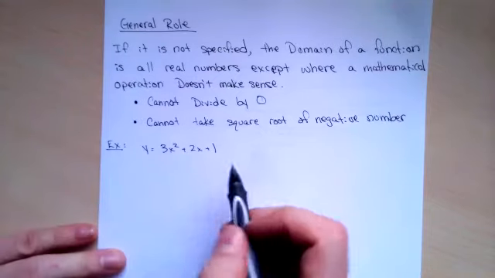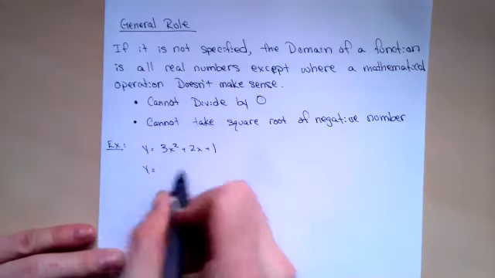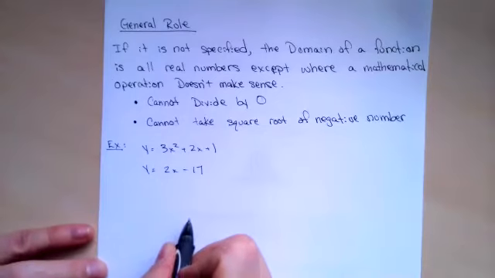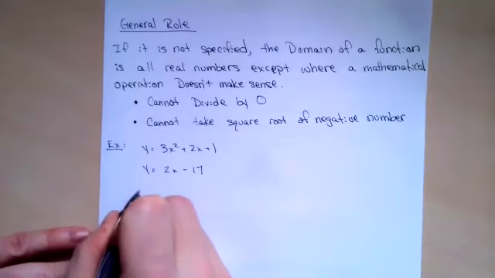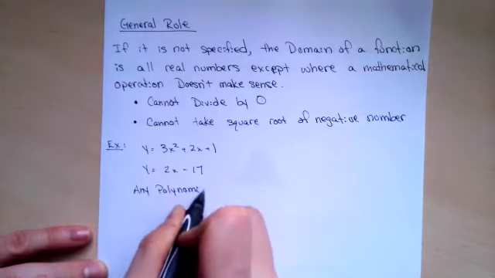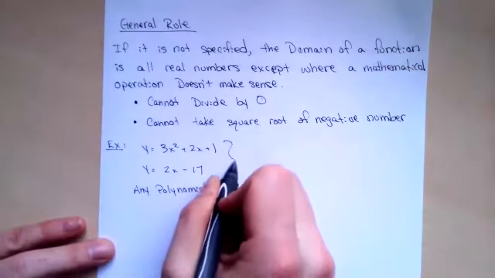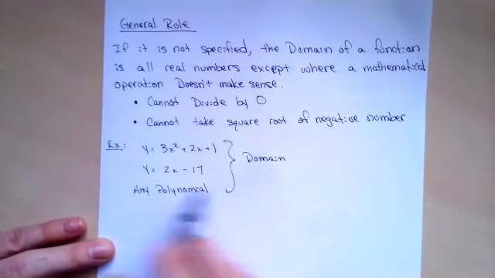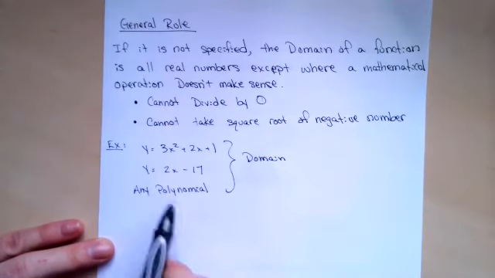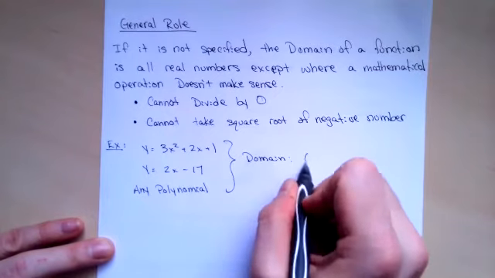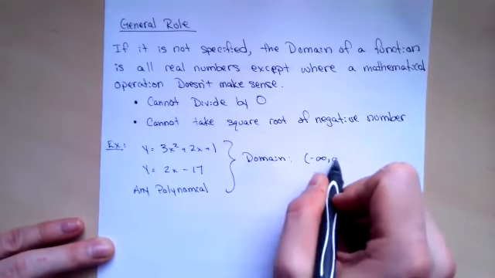So quadratics, linear functions, and in general any polynomial, there's nothing that can go wrong mathematically in performing those computations for any x value that I plug in. So our domain is all real numbers.